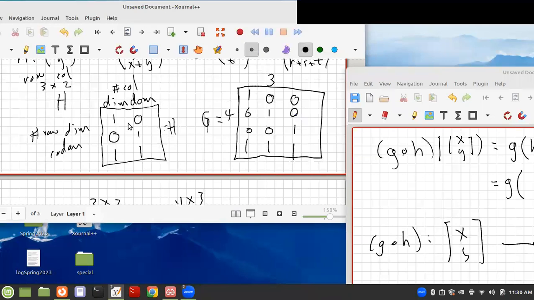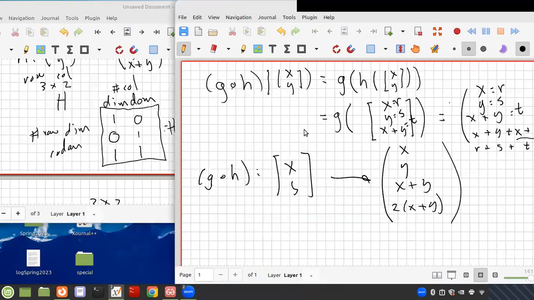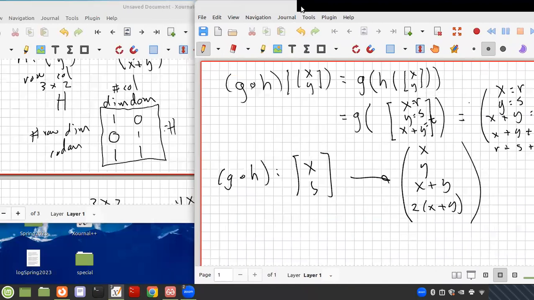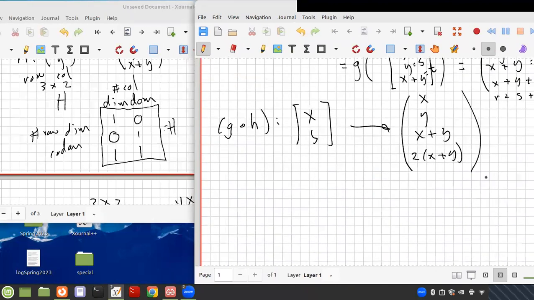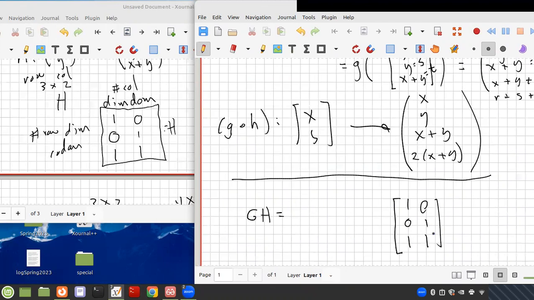Well, let's look at G here. And so what I want to do is I'll copy it down here so we can look at it at the same time. So this is looking at the matrix stuff. We want to compute G times H. Well, let's write down H first. H is 1, 0, 1, 0, 1, 1, right?